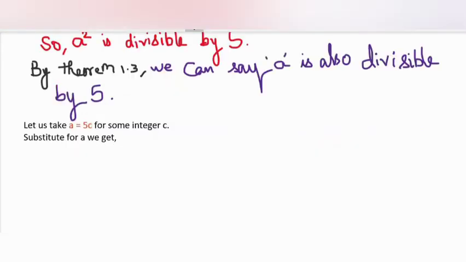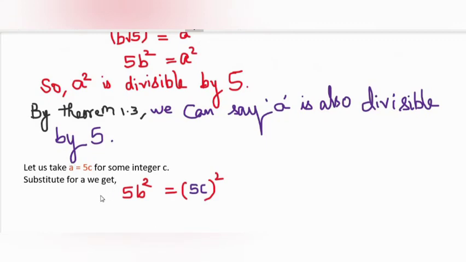Now let us take a equal to 5c for some integer. That is, we are taking the value of a equal to 5c, and c is some integer. Substituting the value of a, we get, so we are substituting the value of a equal to 5c in this equation, and instead of a here we put 5c here.